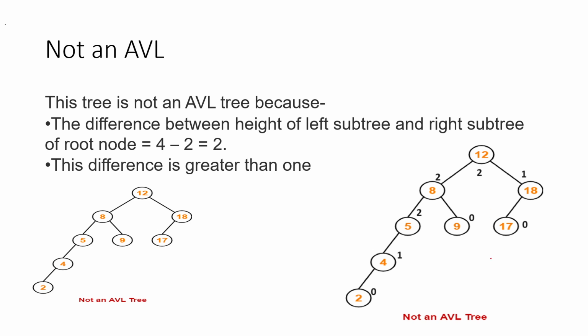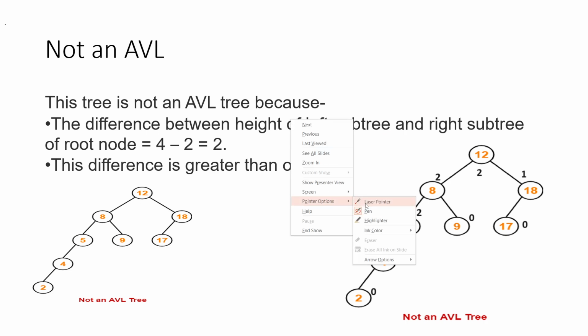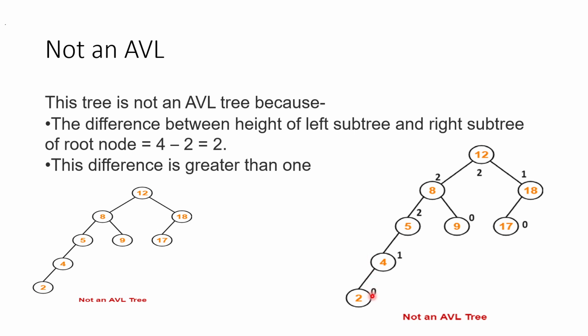We'll take this example. In this case, 2 is a leaf node, 9 is a leaf node, 17 is a leaf node. The height of these three nodes is 0. For this node, the height of the left subtree is 1.